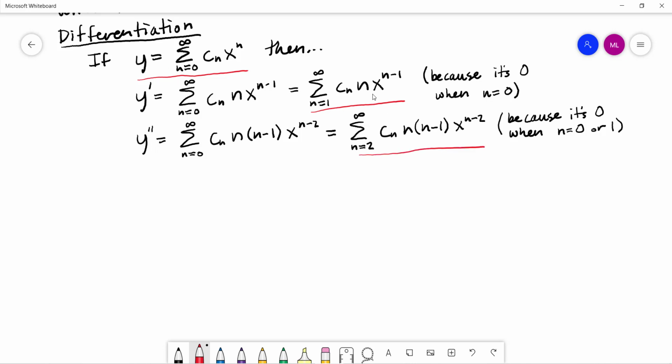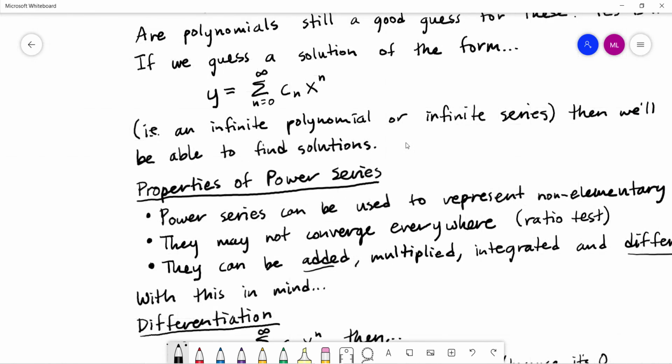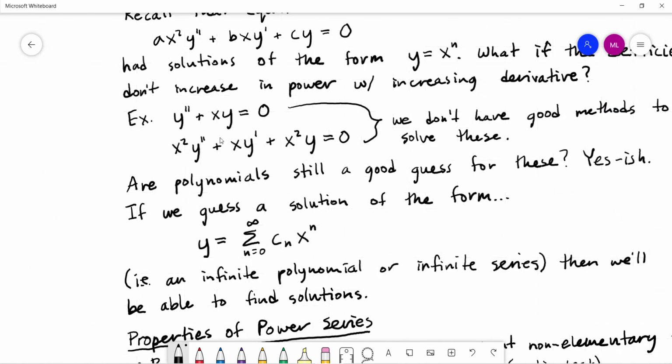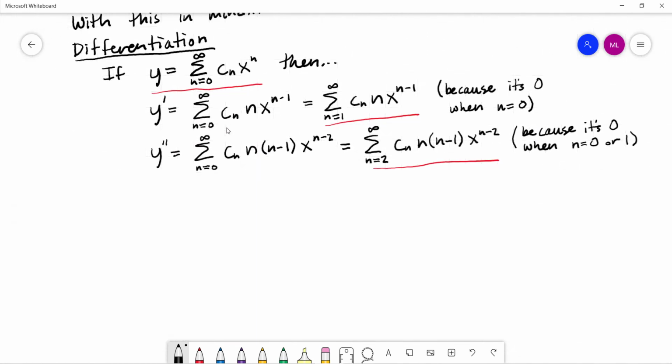These are going to show up in essentially every problem that we're going to do once we actually start applying this method to solving these non-simple, non-trivial differential equations up here, things that look like that. Okay, so that's what we're going to take a look at.